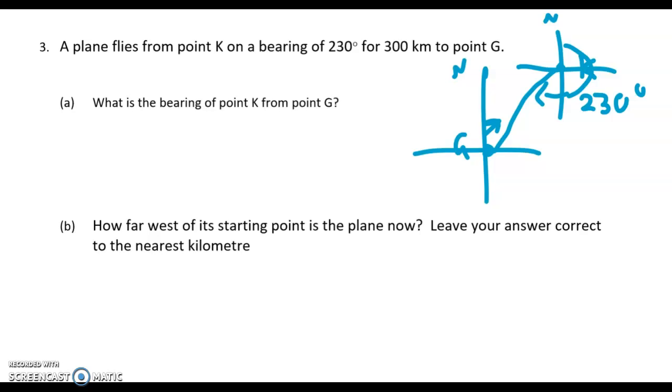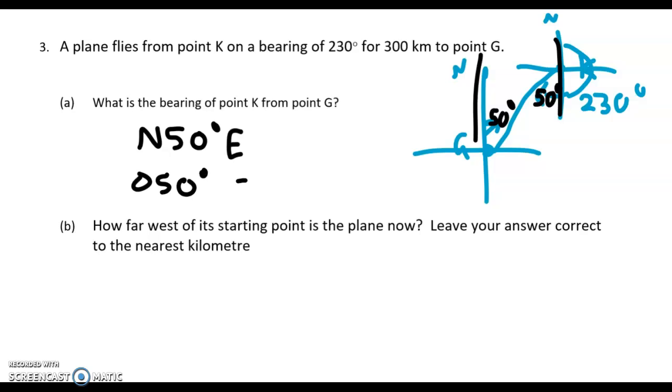Well, if that's 230 there, then that means that this in here is going to be 50, which means this over here using alternate angles is going to be 50. So we have those two parallels. So that means that that angle is going to be north 50 degrees east, or 50 degrees true.